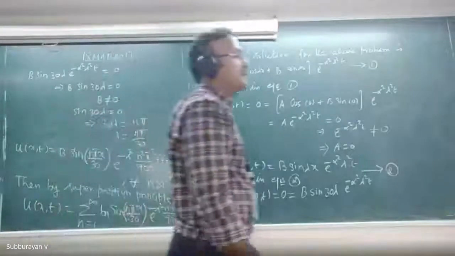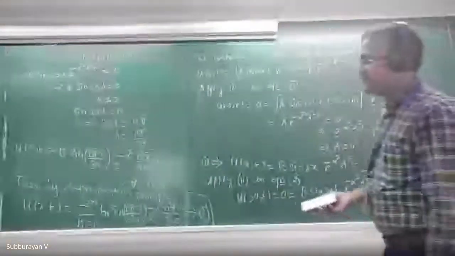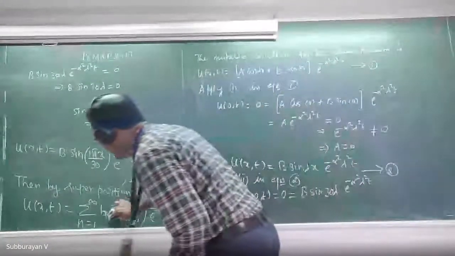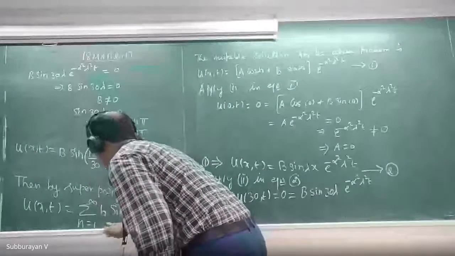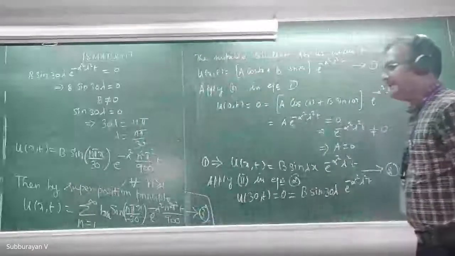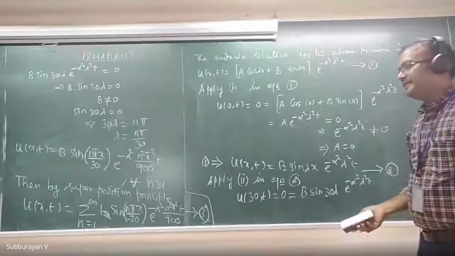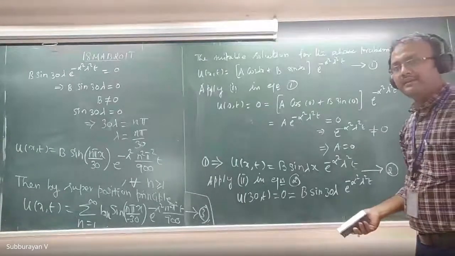So what is my equation number 3? u of x comma t equal to summation n equal to 1 to infinity bn sin n pi x by 30 into e power minus alpha square n square pi square t divided by 900.